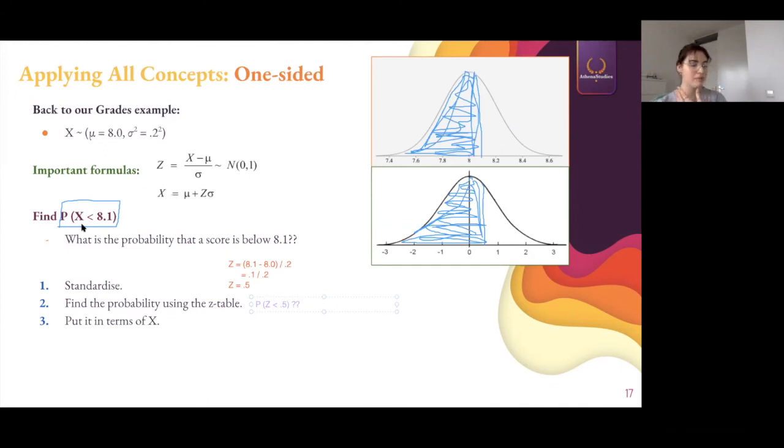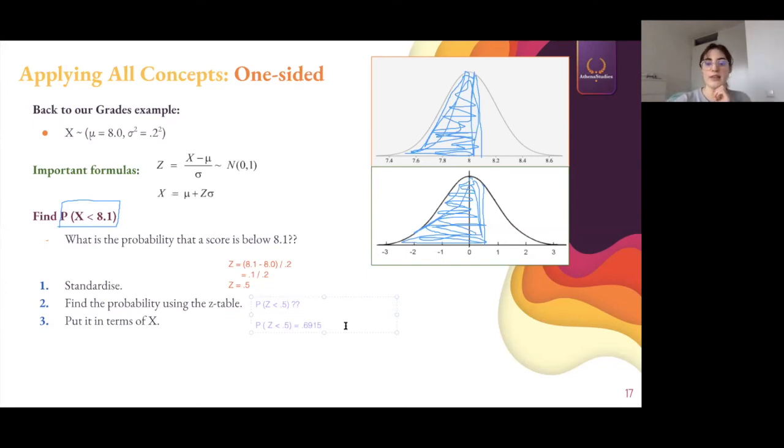Since the z-table could not fit on this slide, I will tell you the probability value. The probability that z is less than 0.5 is equal to 0.6915.